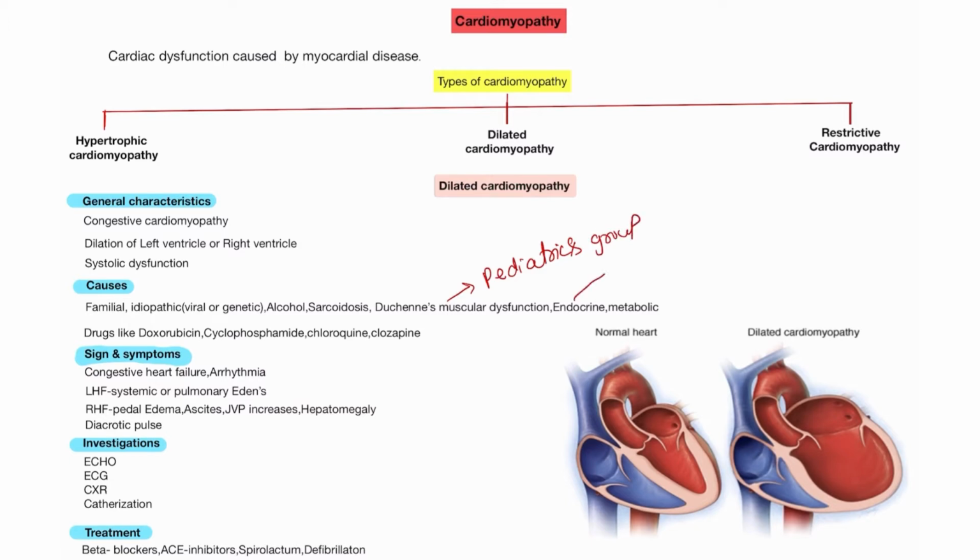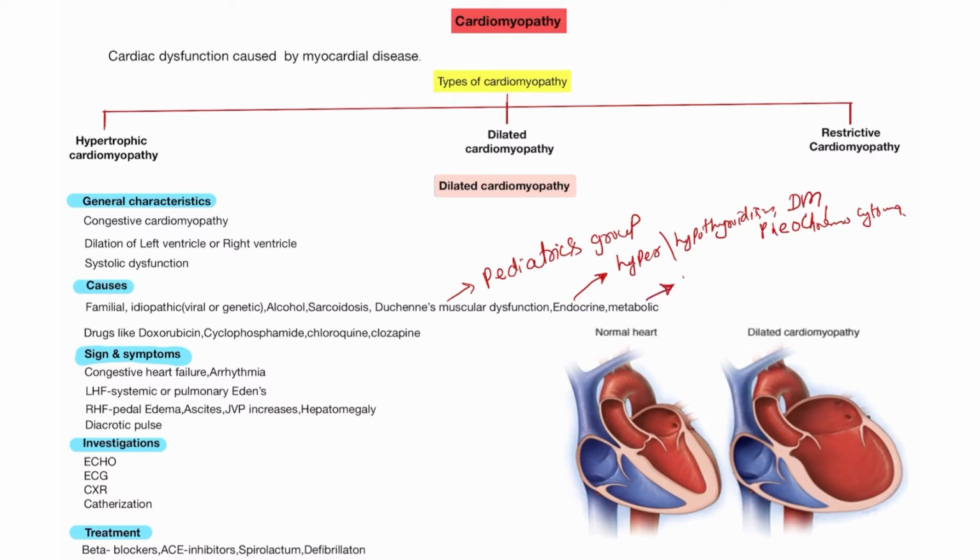Sometimes endocrine dysfunction also causes it, like hyperthyroidism or hypothyroidism. Also diabetes mellitus and pheochromocytoma. So these endocrine abnormalities cause dilated cardiomyopathy.